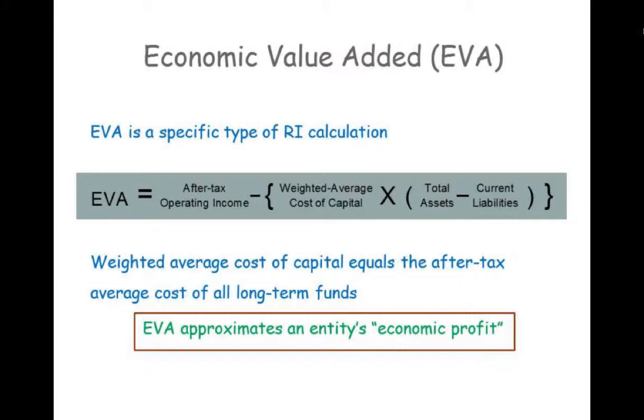But it's really based upon the same concept as residual income, which is your income minus your required rate of return times your assets. So it's really focused on defining your economic profit, not your accounting profit.